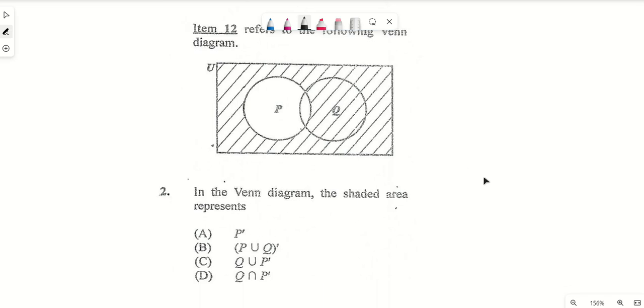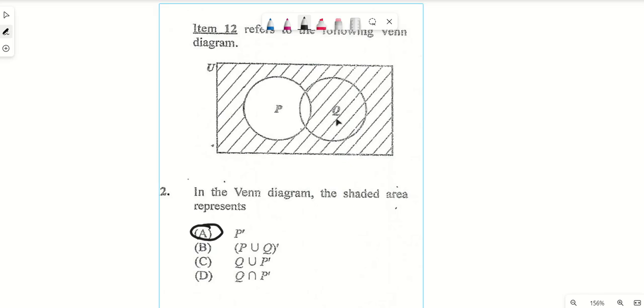The shaded region represents, okay, so this one is not P complement because P complement means everything outside of P. Everything outside of P would be P complement. A is the answer. This is the shaded region, P complement, everything outside of P.